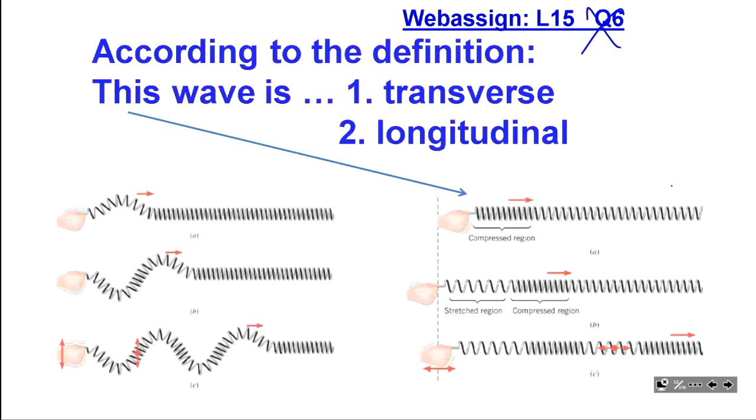Here, we push or pull on a slinky, so each individual wave particle travels horizontally, but the wave as a whole, all pulses also travel horizontally. So the velocity of each particle and the velocity of a wave as a whole are parallel or anti-parallel. In this case, we call it longitudinal.